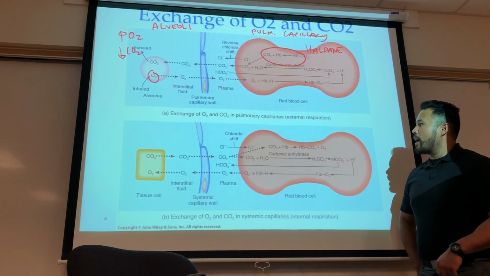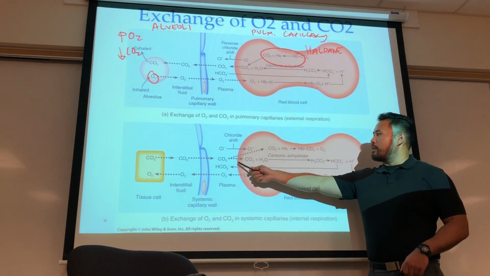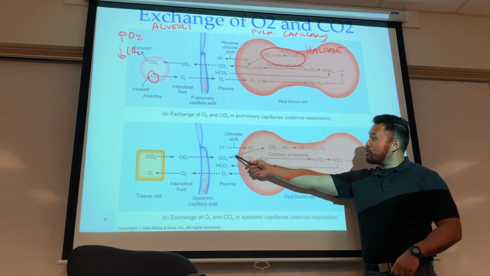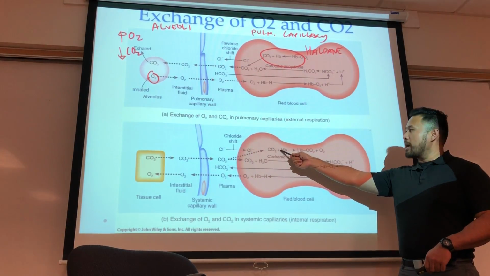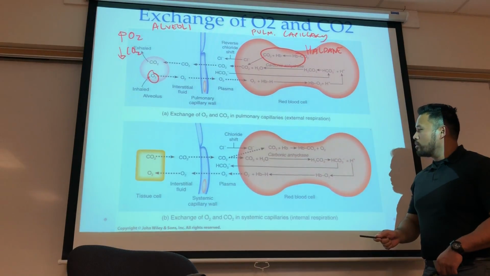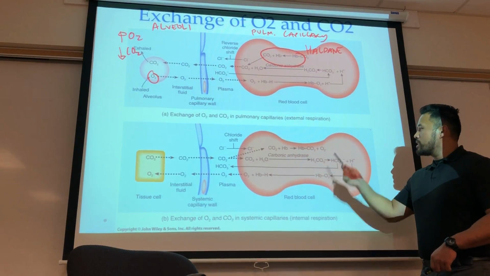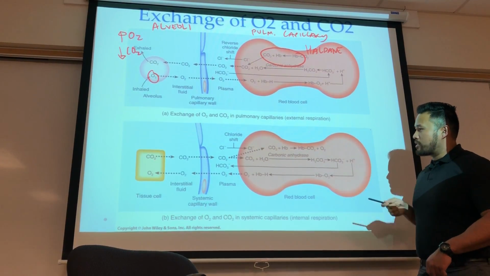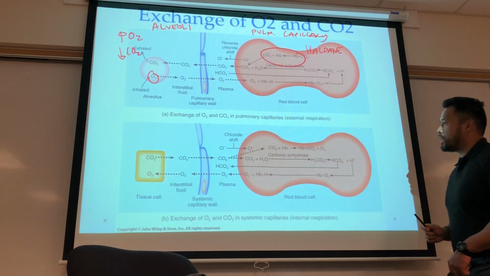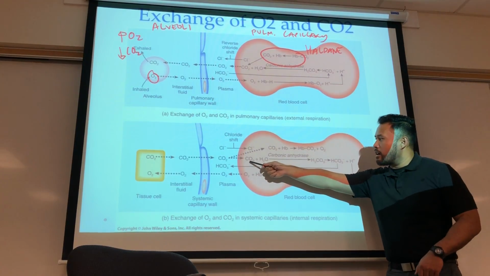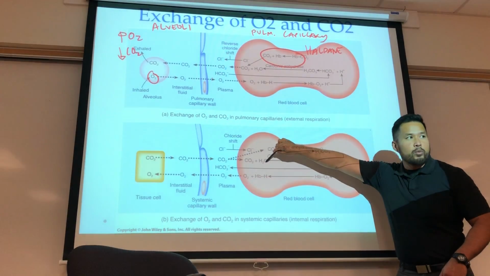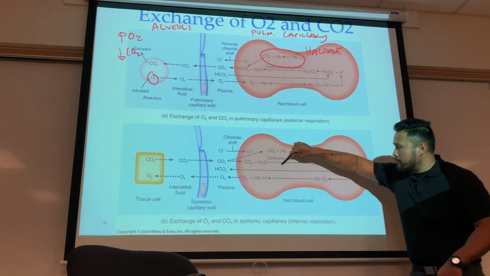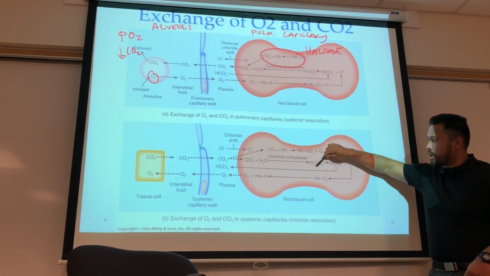CO2 now has two ways, of which 23% is going to bind to hemoglobin. Once hemoglobin binds to CO2, we'll see more oxygen release. Where do we see that take place? We actually see it on the carbonic anhydrase side. So CO2 diffuses across, now it mixes with the water that's present in the red blood cell, turns to carbonic acid.